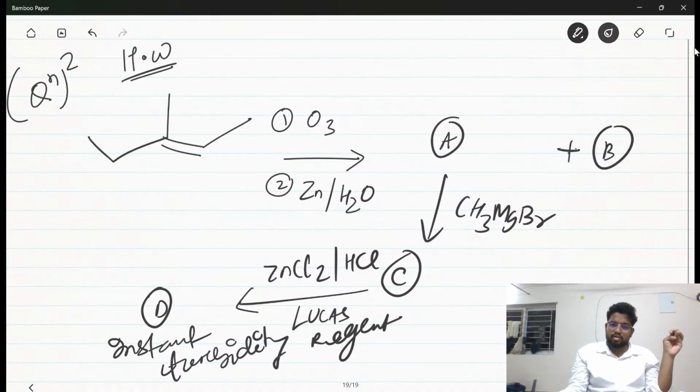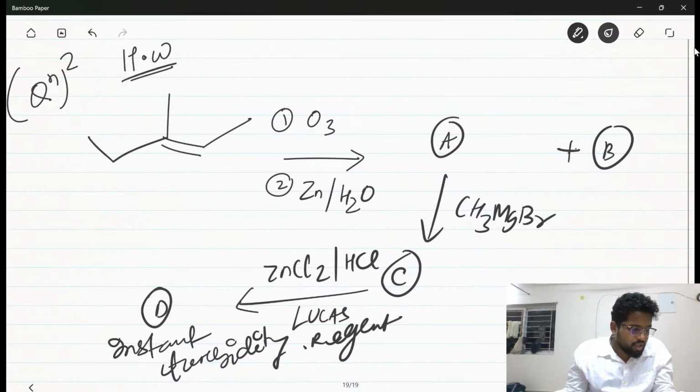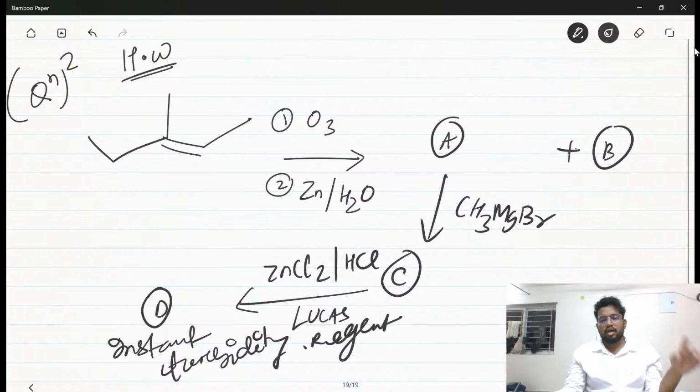So try to solve this one. I will not solve it. So identify A and B. This exact same model you will find in your final mains paper. So just be careful how to solve these questions and what the logic and the trick behind it is, we have to understand.